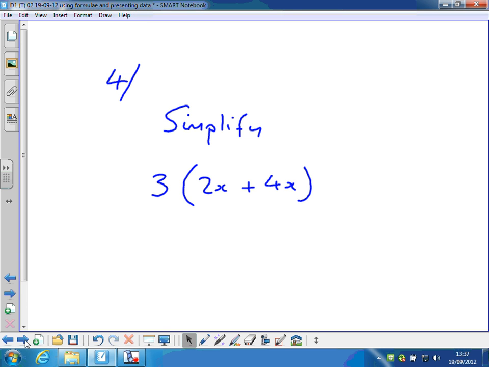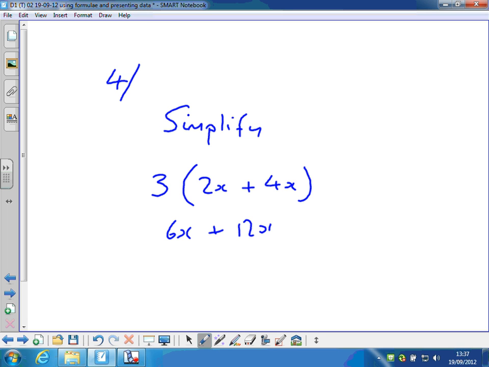Simplify. This is pretty well what we were doing last week. There were 2 questions that sort of covered this. How can I simplify this? Any ideas here? Yeah, I can multiply out the bracket. So what would you get? 6x plus 12x, yeah. 3 times 2 is 6, 6x. 3 times 4 is 12x, good.